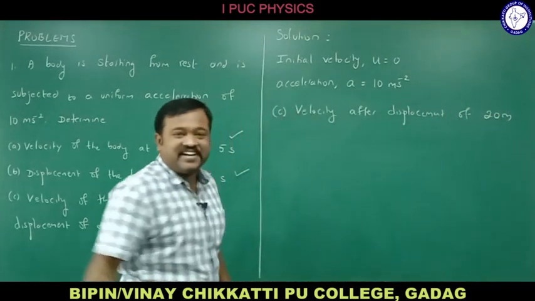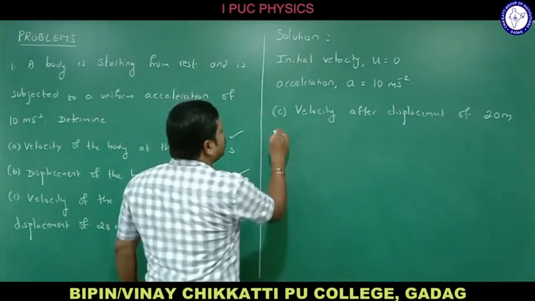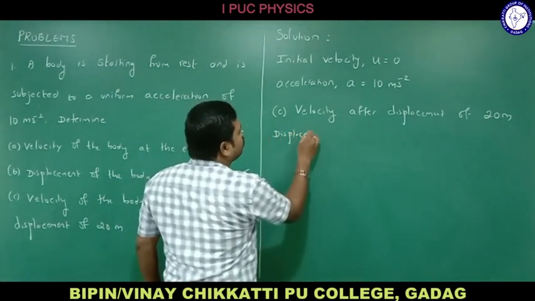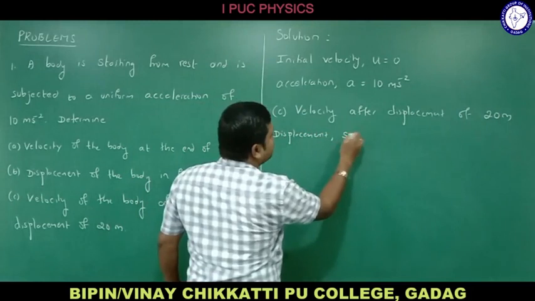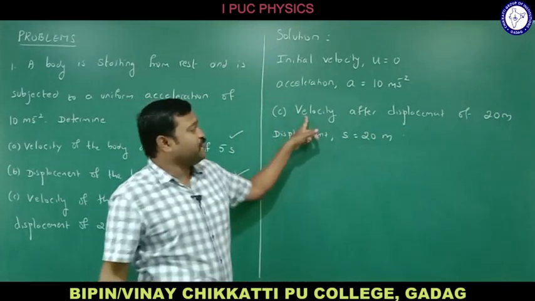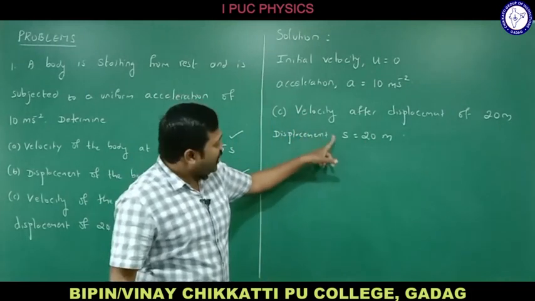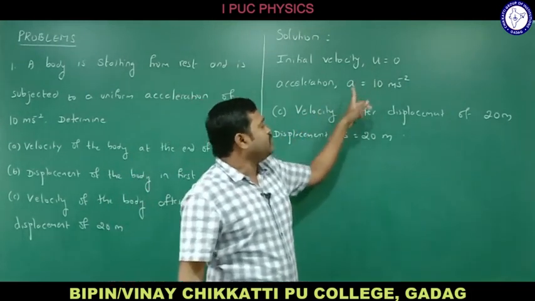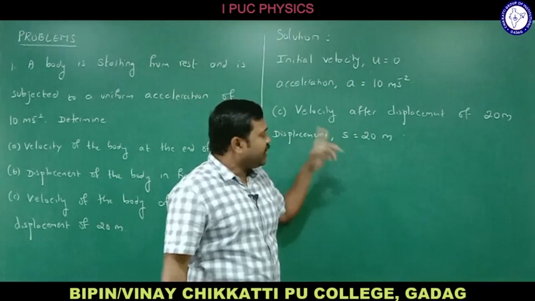What is given here? Displacement is given, S equal to 20 meters. So what do we need to calculate? V. U and A are given. You need to calculate V when S is given.